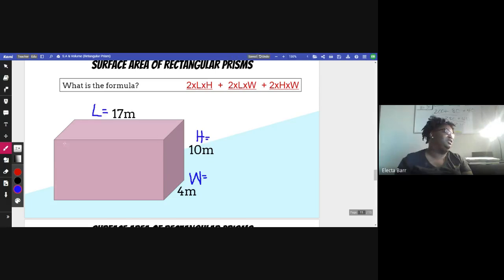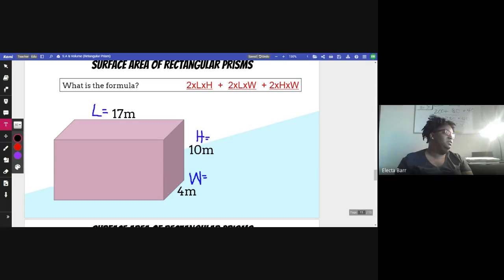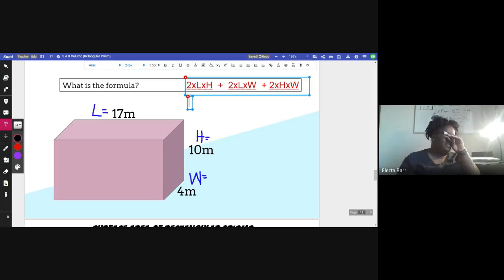So let's work through this problem. The first part says 2 times L times H. So 2 times whatever my length is times whatever my height is. So I'm going to say 2 times my length, which is 17, times my height, which is 10. That's the first part of my problem.